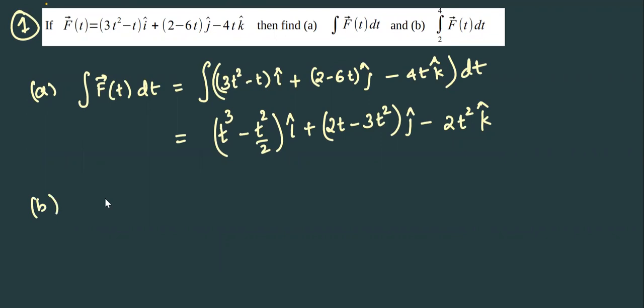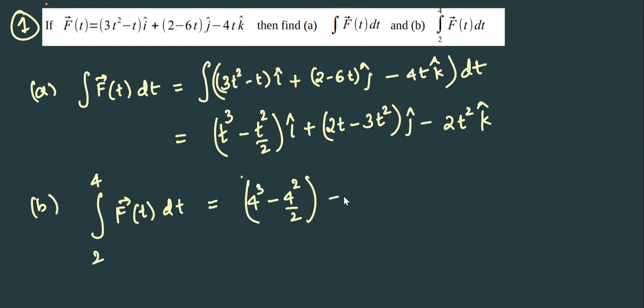Now, the second part, if we have to integrate between limits, so substitute in this. So we get 4 cube minus 4 square upon 2, minus of upper limit minus lower limit.